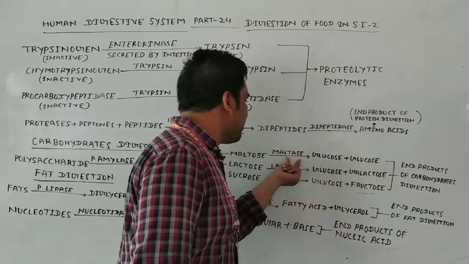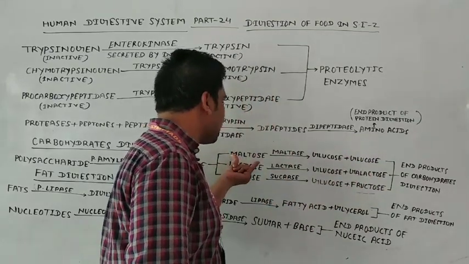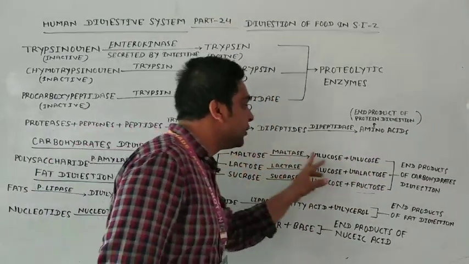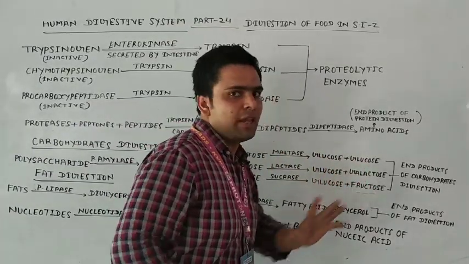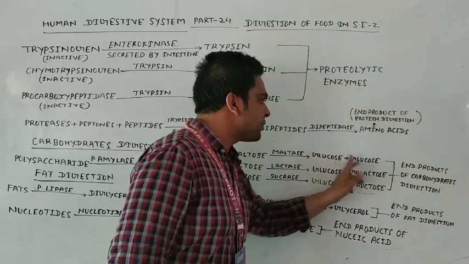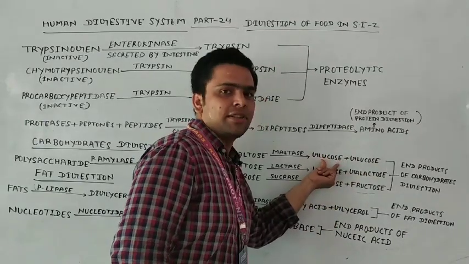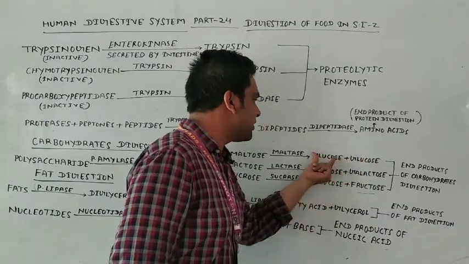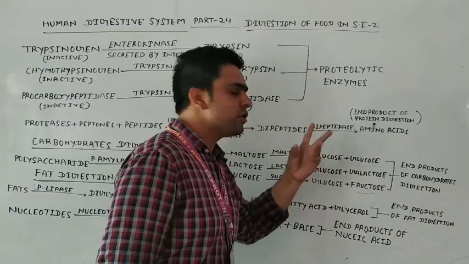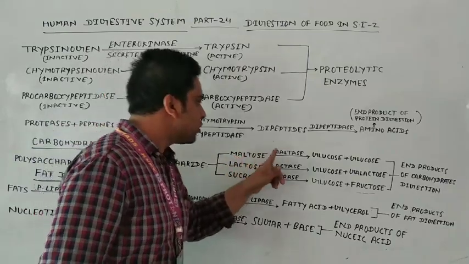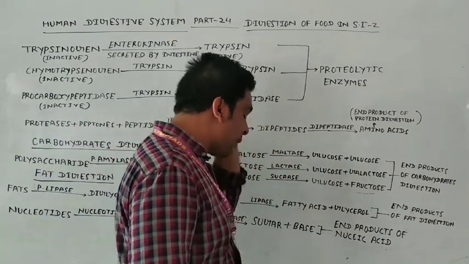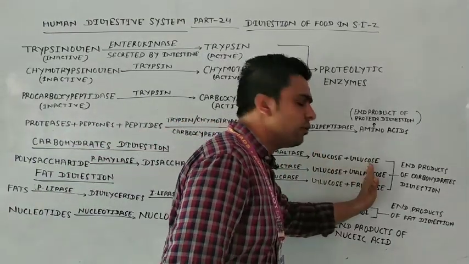This maltase enzyme converts the disaccharide sugar into the monosaccharide sugar known as glucose plus glucose. We have earlier discussed that glucose is a monosaccharide sugar. Clear, students? So two monosaccharide units of glucose make a disaccharide known as maltose. So maltose converts into glucose plus glucose.